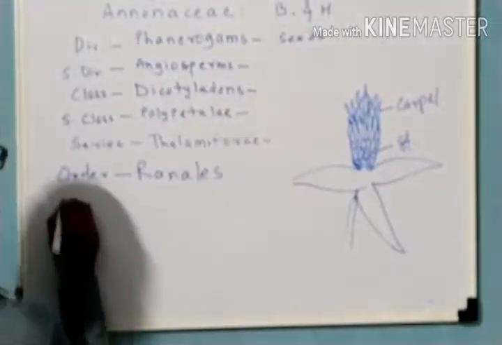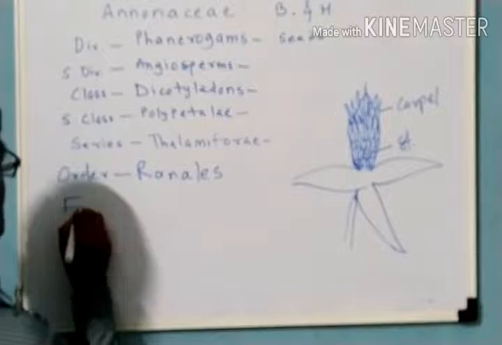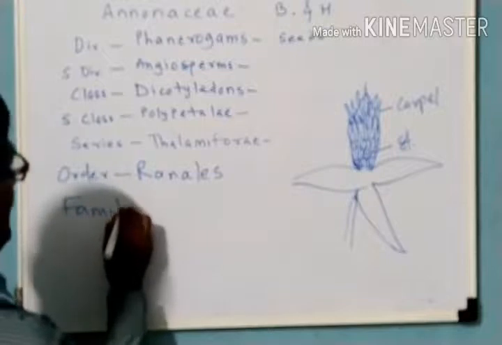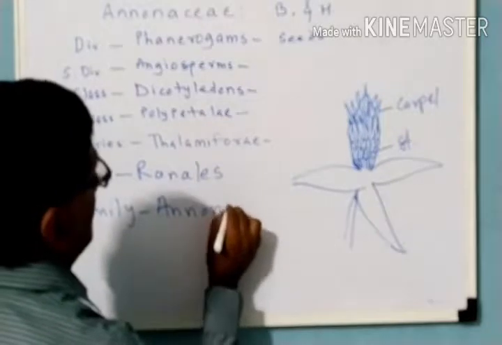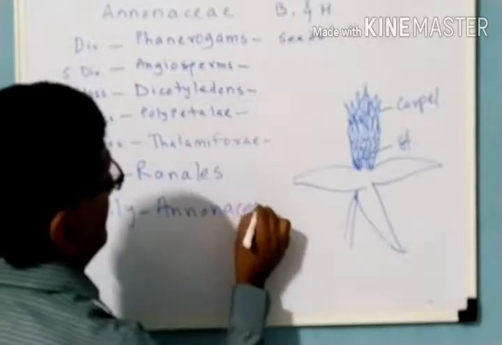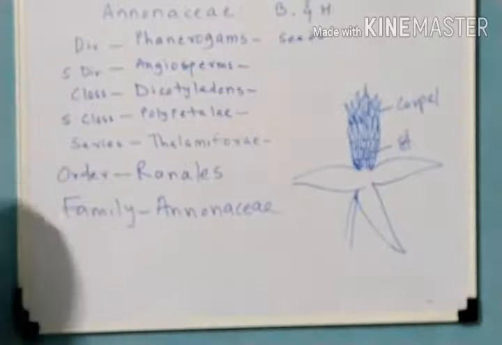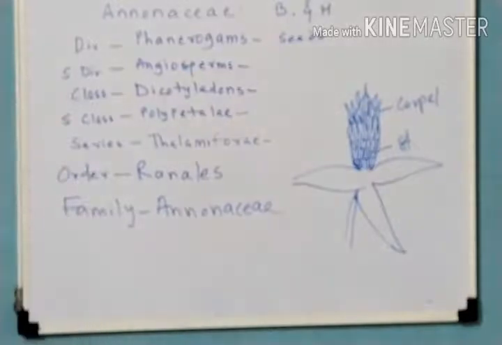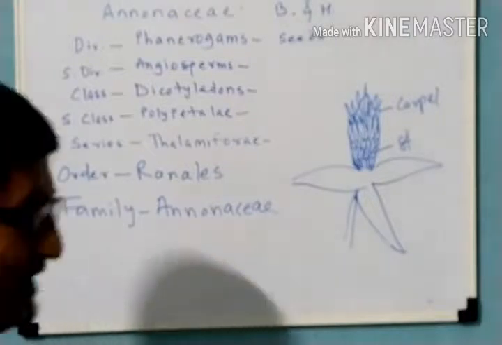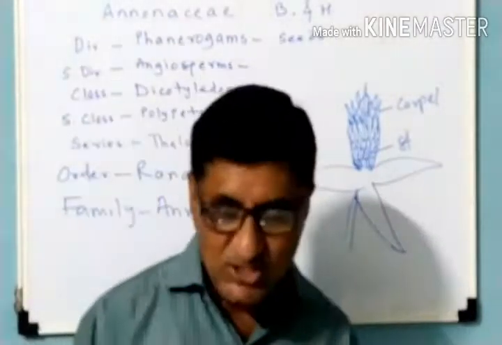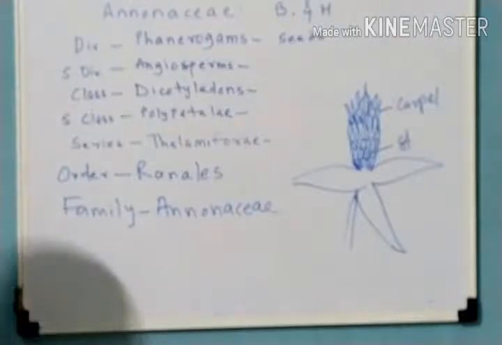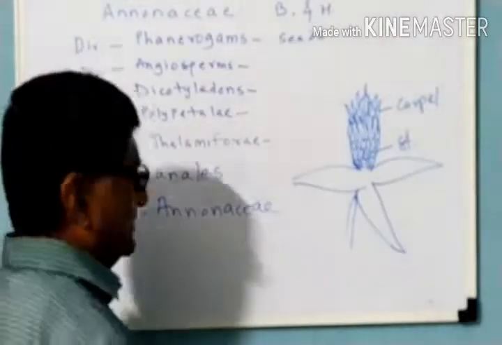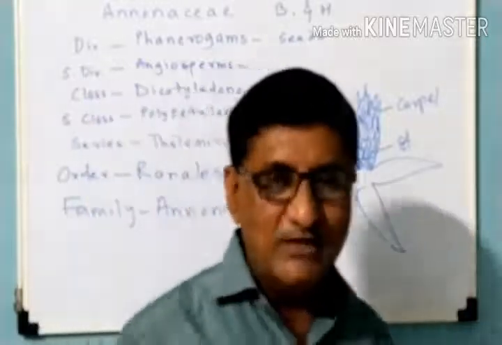You can see this particular family is what? Annonaceae. What are the reasons for family Annonaceae? Simple exstipulate leaves, flower hypogynous, trimerous, bisexual, and fruit etaerio of berries type. Leaves are simple exstipulate.